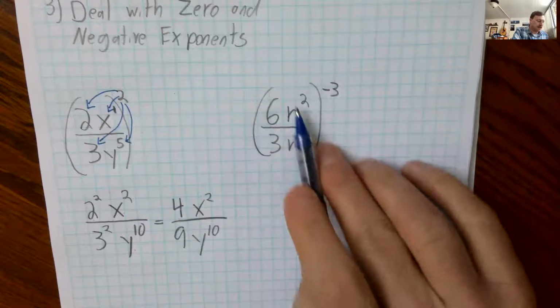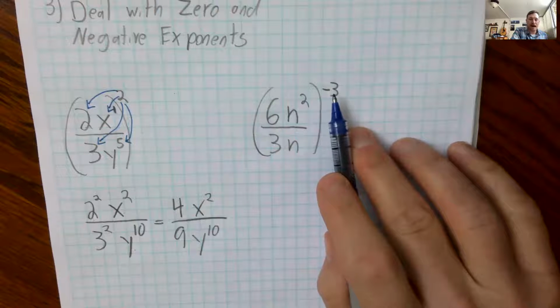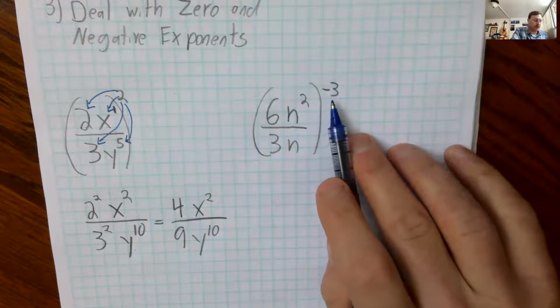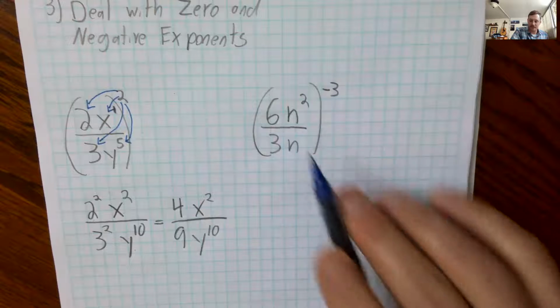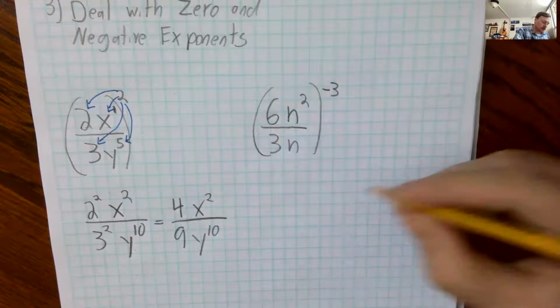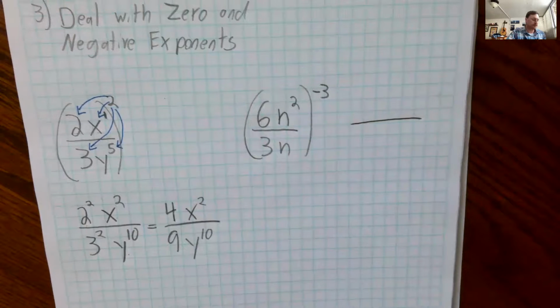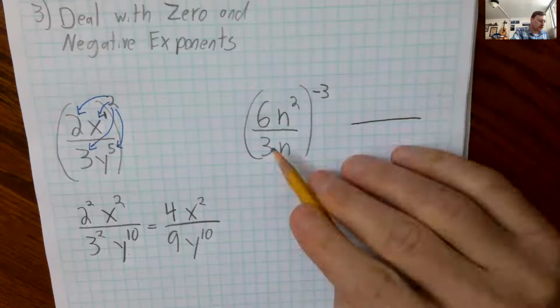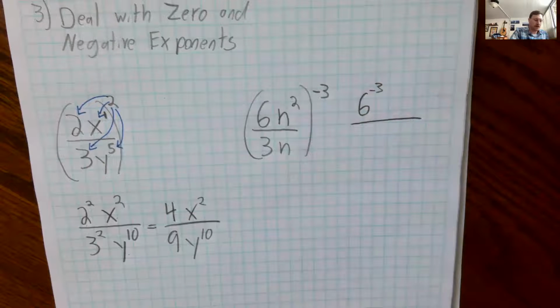Again, I've got terms inside my parentheses that are all raised to the -3 power. I do the same thing. I'm going to distribute that -3 as an exponent to all the terms inside. We've got a couple more steps to do here. So again, the 6 is going to be raised to the -3.